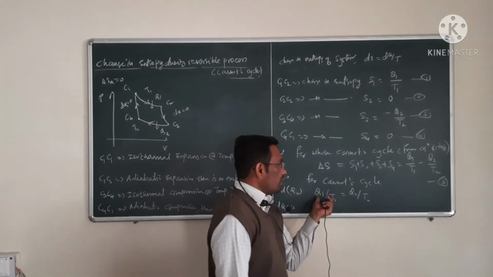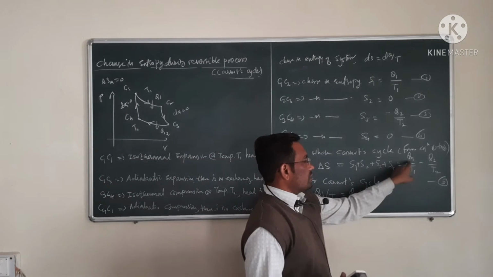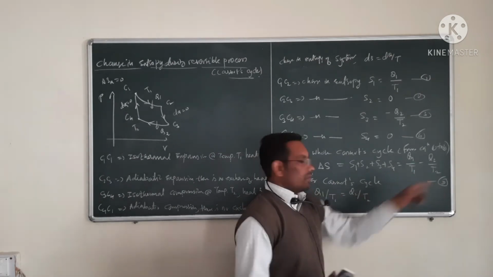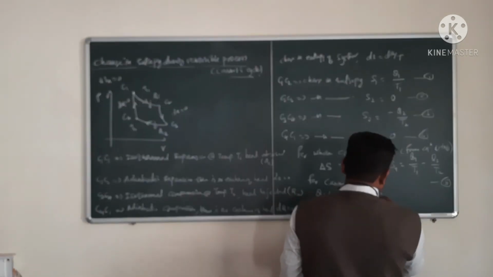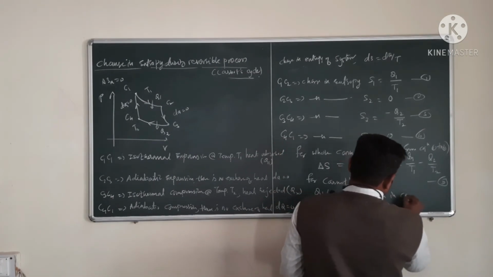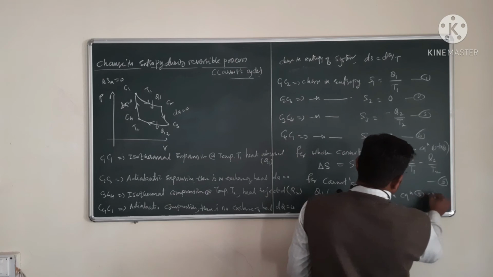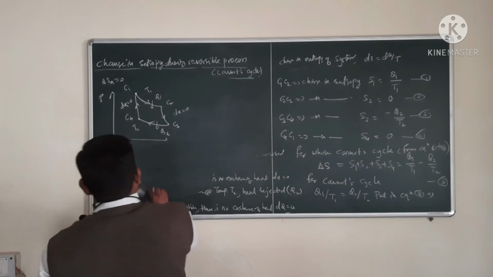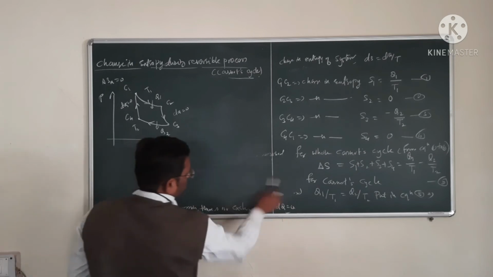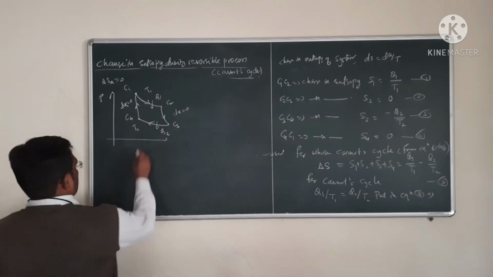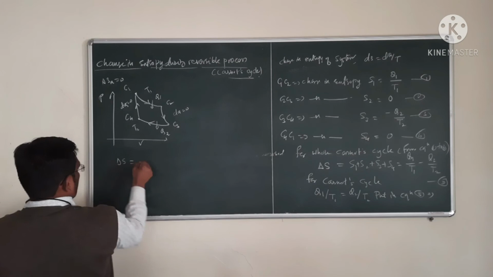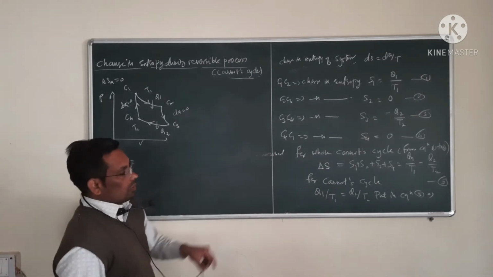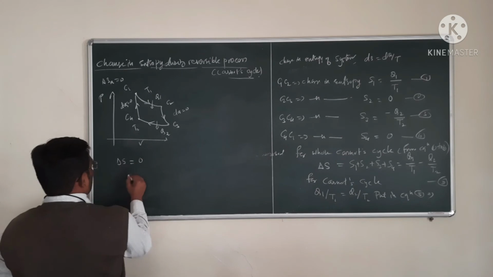So if you put Q1 upon T1 equal to Q2 upon T2 in equation number 5, we get delta S is equal to, see, Q1 upon T1 is equal to Q2 upon T2, so delta S is equal to 0.